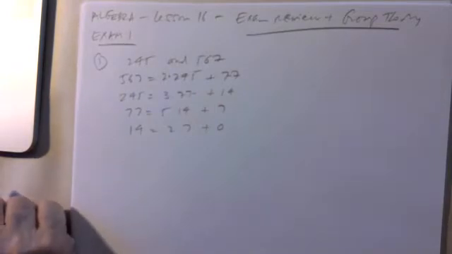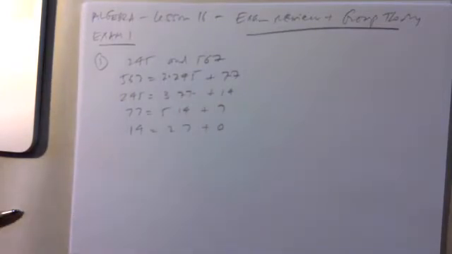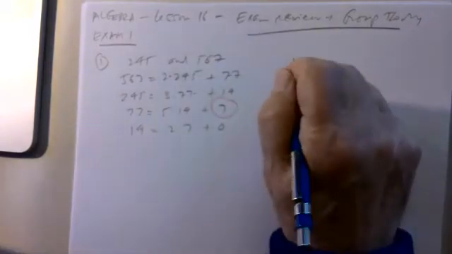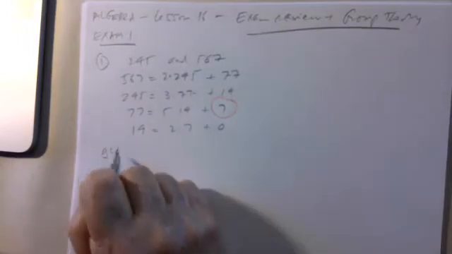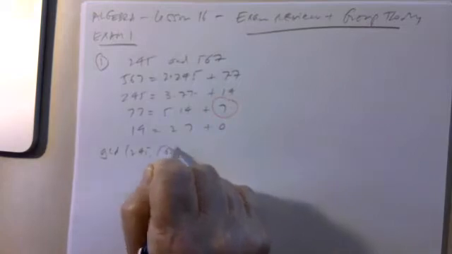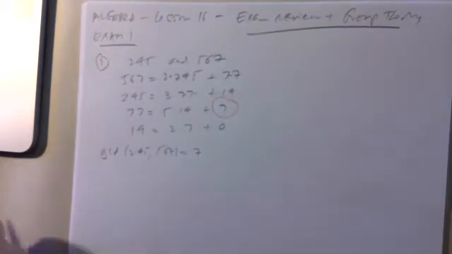So the last positive remainder is 7. So the GCD of 245 and 567 is equal to 7.